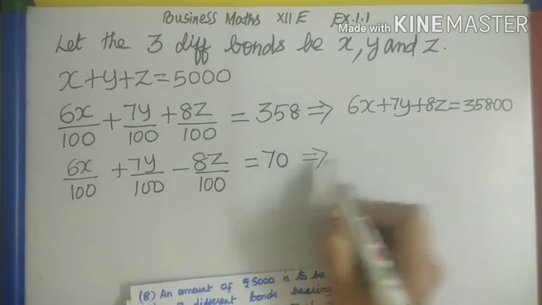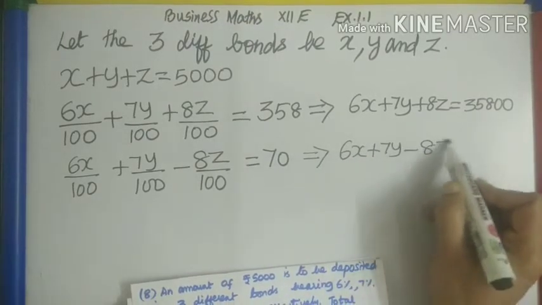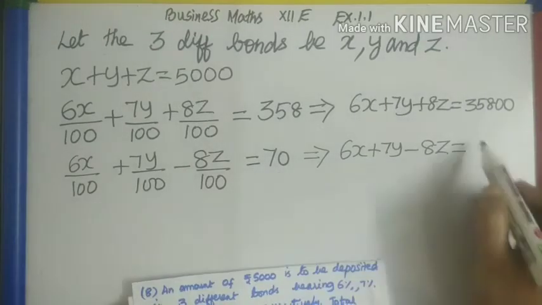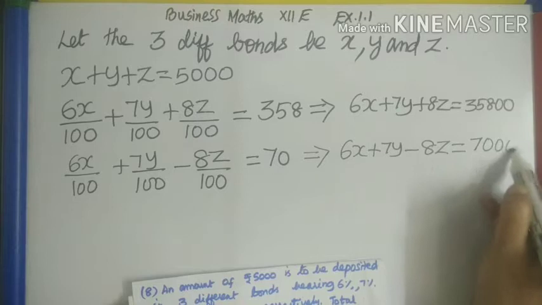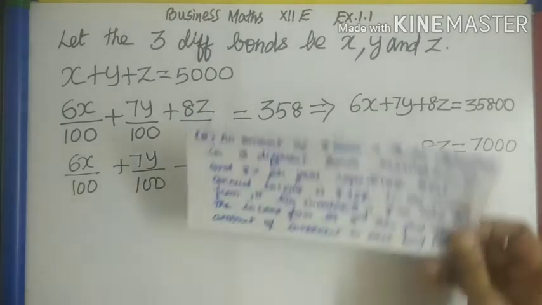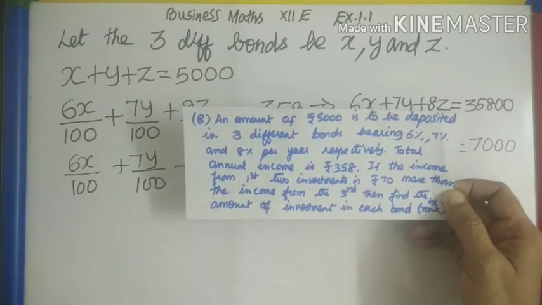So I get 6x plus 7y minus 8z is equal to 70 into 100. So that is 7,000. And now we need to find the amount of investment in each bond using rank.